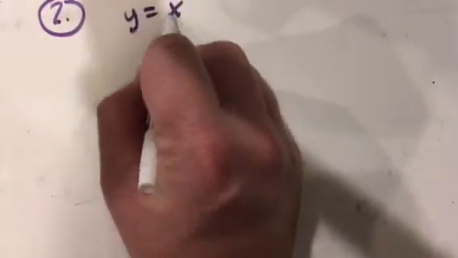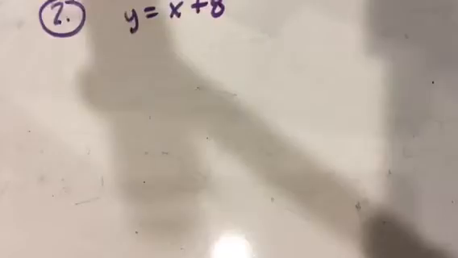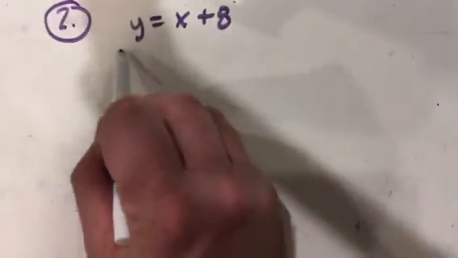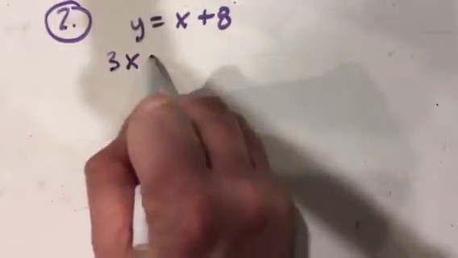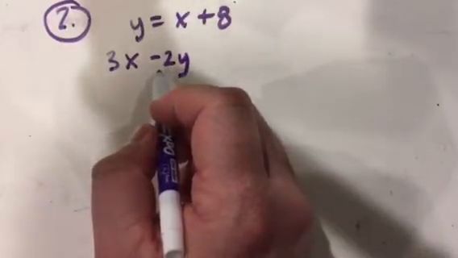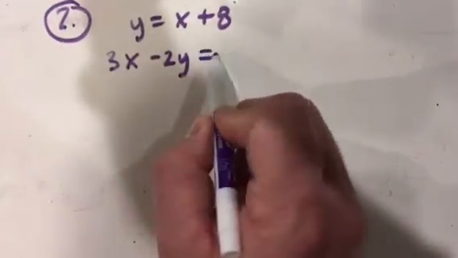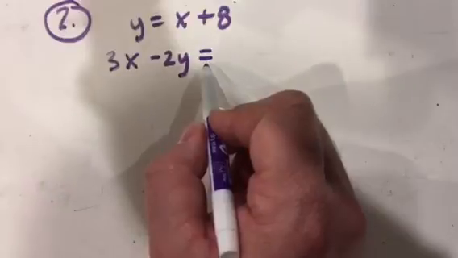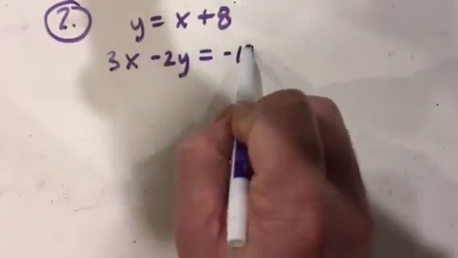Second problem I want to look at. It's y equals x plus 8, followed by 3x minus 2y equals -19.